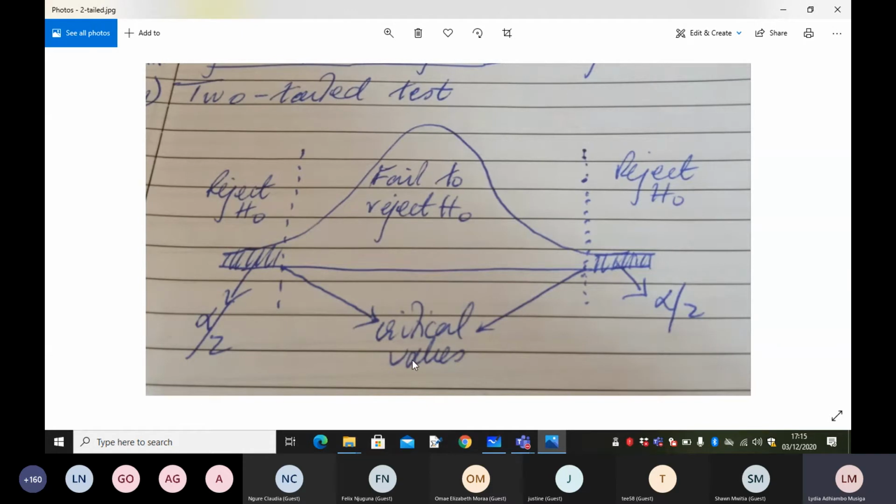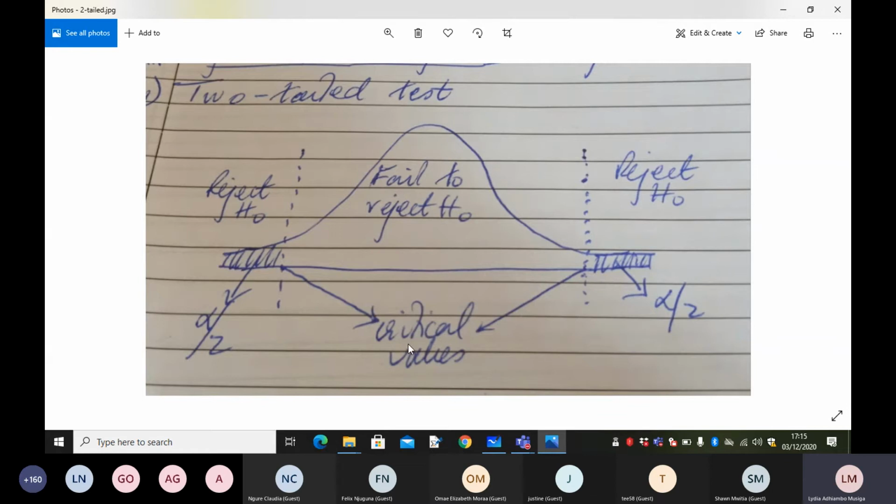Now, you can see that I have written there critical values. What are critical values? Maybe before I dictate that, let me explain what they are.